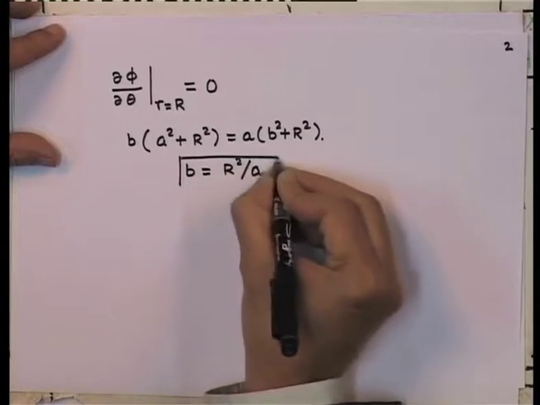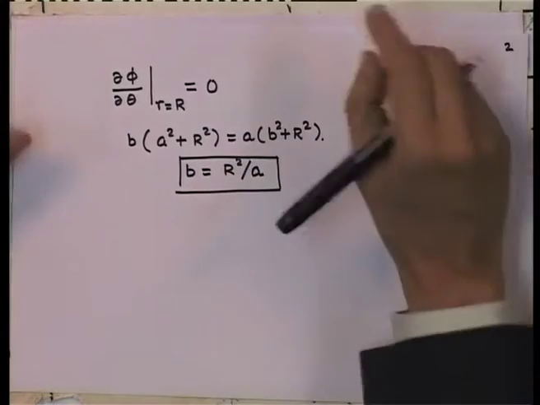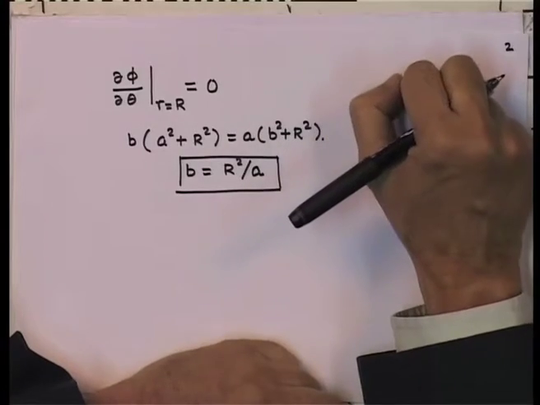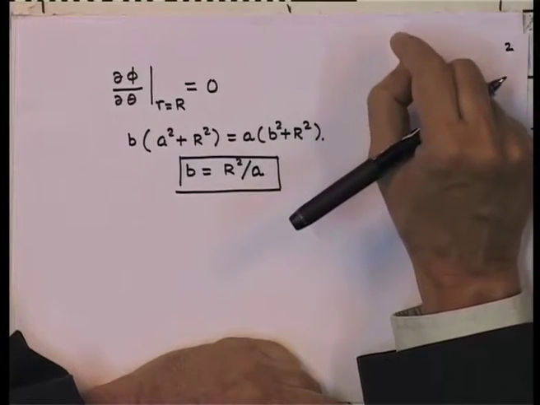Notice the interesting thing. This is precisely the expression that we had obtained when we found the location of the image charge for the sphere problem. That was the point of the inversion. And so, you notice here that even in the case of a cylinder, the image charge's location is exactly where it was for the case of a spherical conductor.